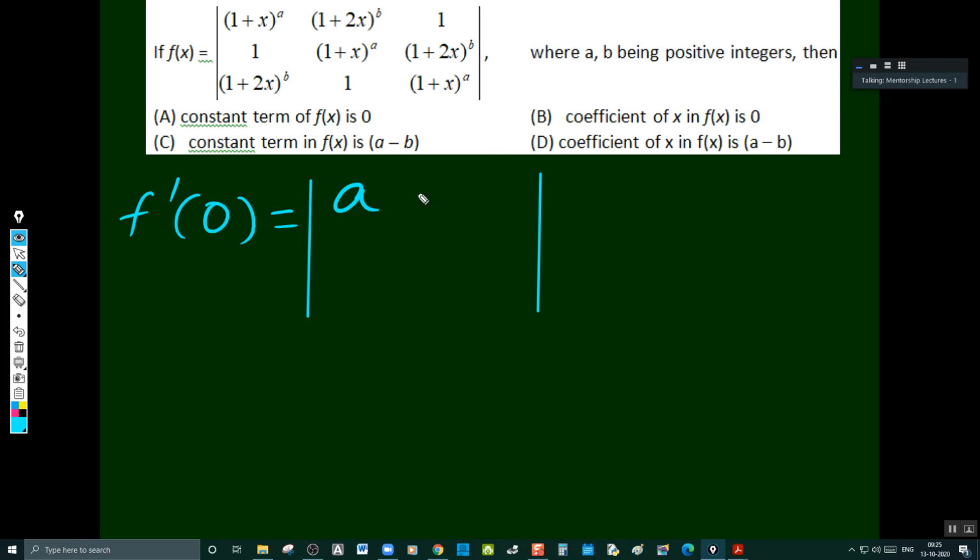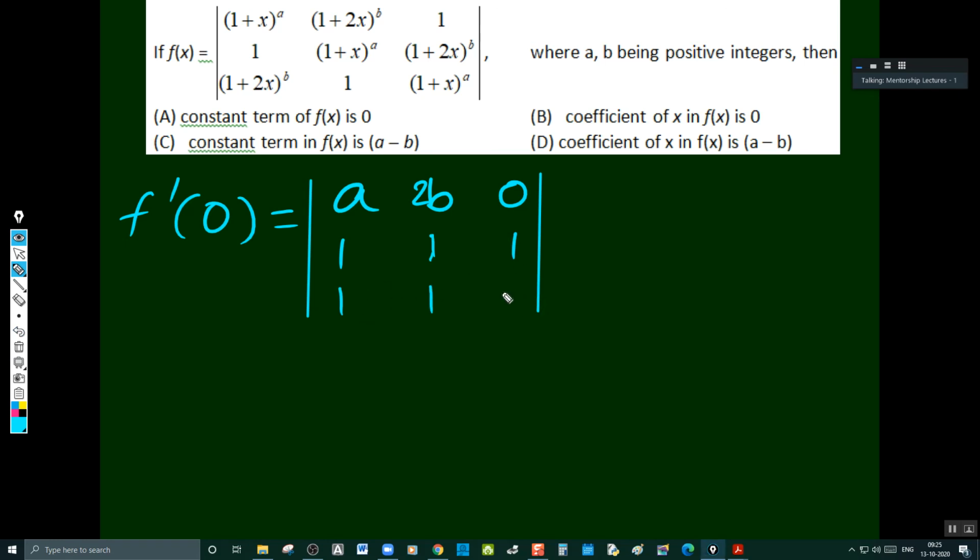Yes sir, it is 0. Keep the rest as it is. 1 plus x whole power becomes 1 on derivative. The same row you have to write, and this one is 1, this one is also 1, and hence this becomes 0.